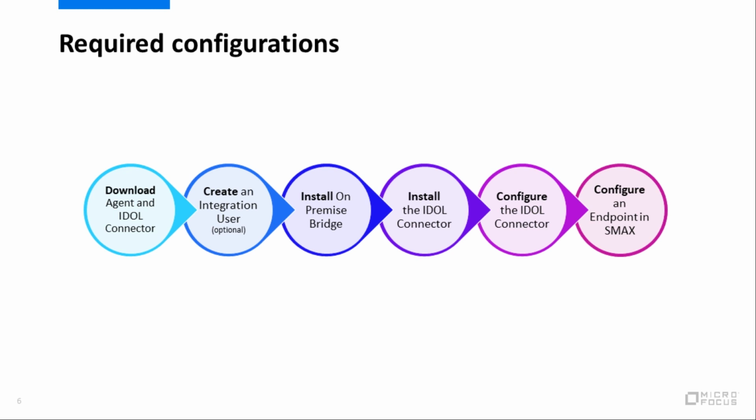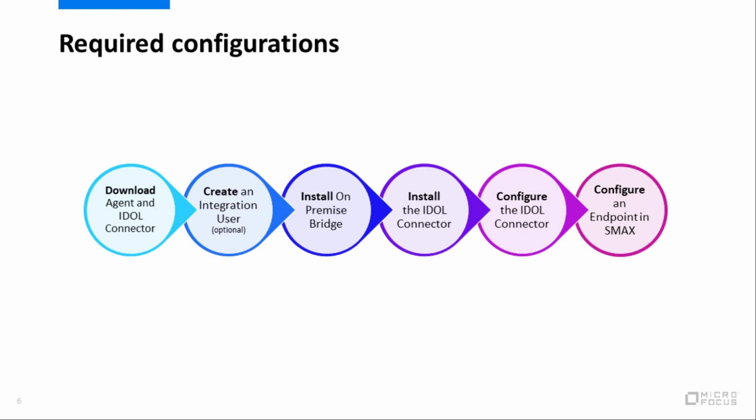As a second step, you should create an integration user in SMAX, which you then need to use in the on-premise bridge installation. You install the on-premise bridge as a third step. You install the IDOL connector as a fourth step. Then you do a small configuration in the IDOL connector to configure, for example, which SharePoint site to index or which Confluence page to index, and all these things you need to input here.